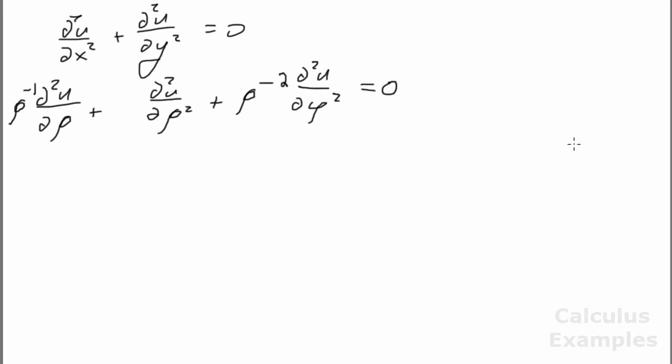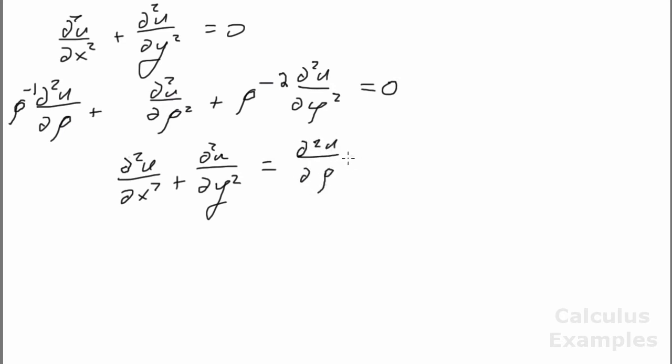And let's equate them to each other. So the second partial of u with respect to x plus the second partial of u with respect to y is equal to the second partial of u with respect to rho plus 1 over rho, first partial of u, sorry, with respect to rho.